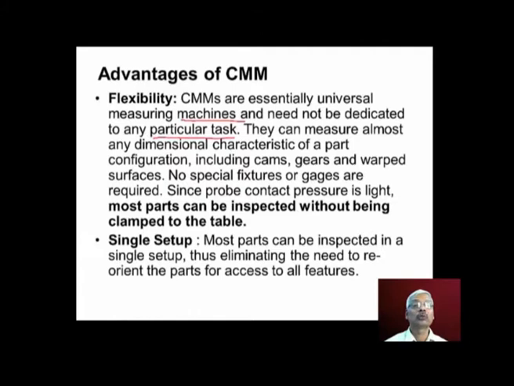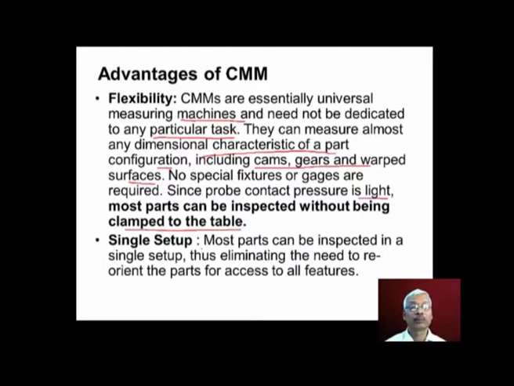They can measure almost any dimensional characteristic of a part configuration, including cams, gears and warped surfaces. No special fixtures or gauges are required to use a coordinate measuring machine. Since probe contact pressure is very light, most parts can be inspected without being clamped to the table. So clamping devices are rarely used.